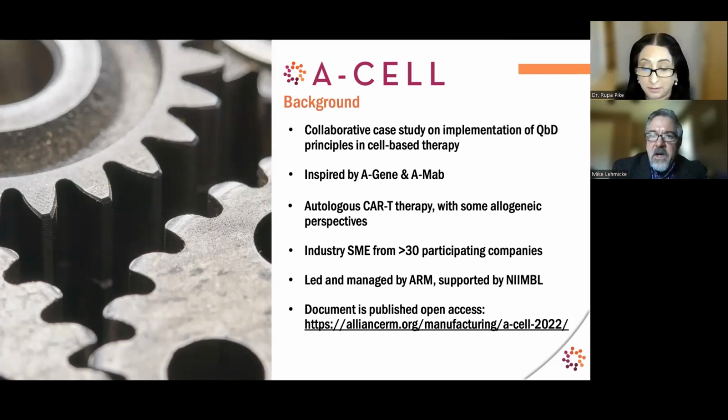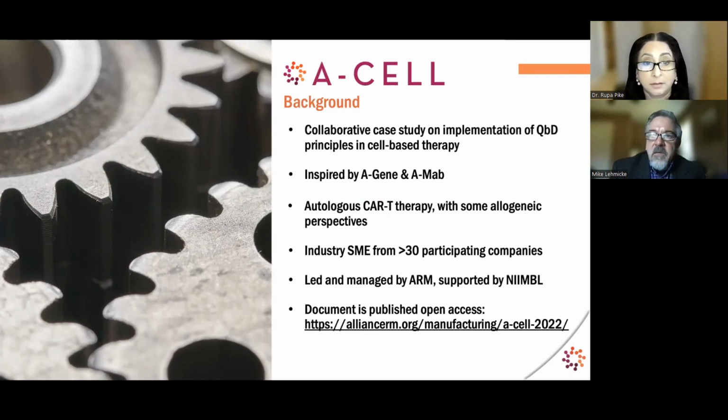This A-Cell follows the example of another case study developed by ARM called A-Gene, which describes quality by design principles used in the manufacture of AAV vector. And we were originally inspired by AMAB, which was not an ARM project, but a collaborative industry project going back some time in the monoclonal antibody industry, which really inspired us to do something similar for cell and gene therapy.